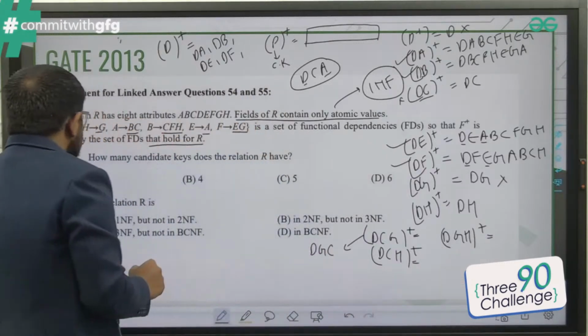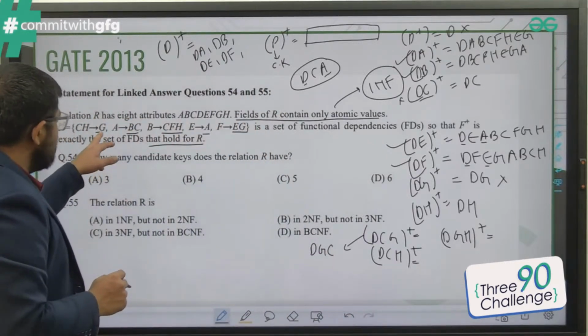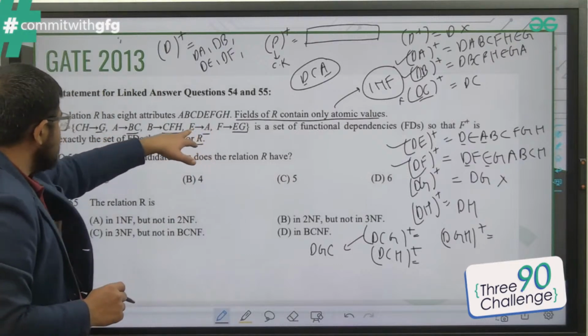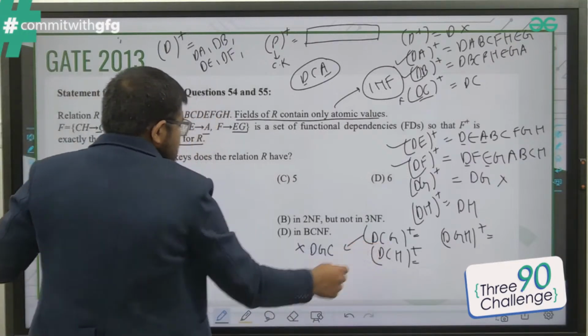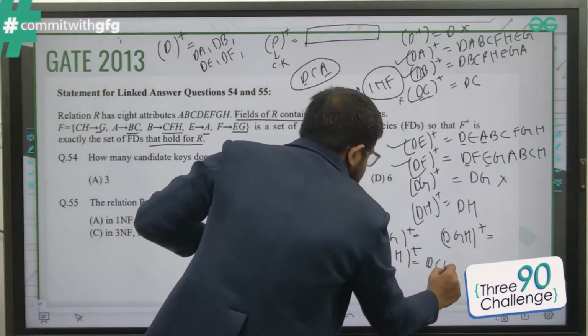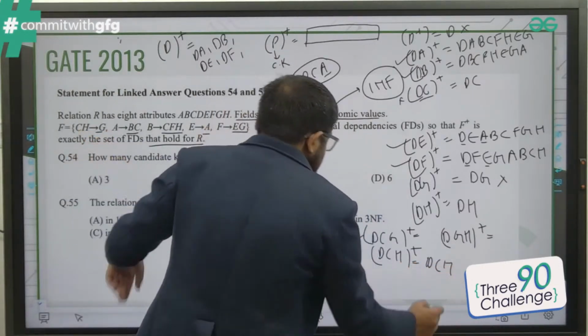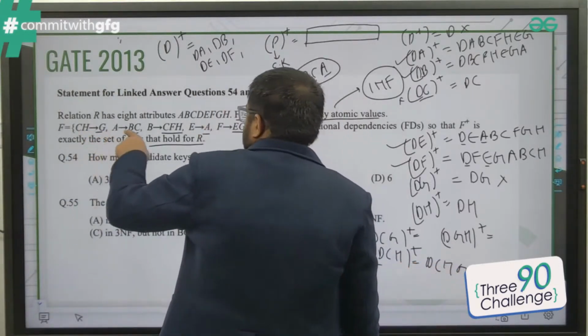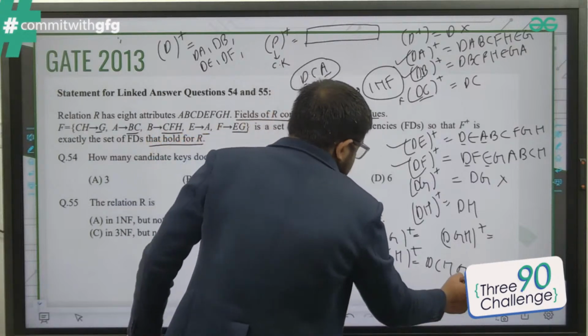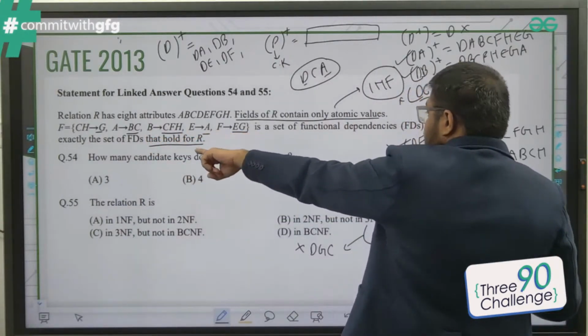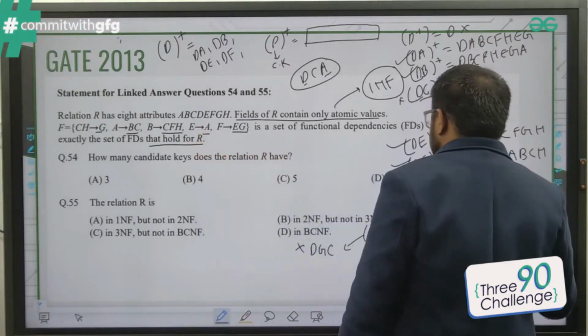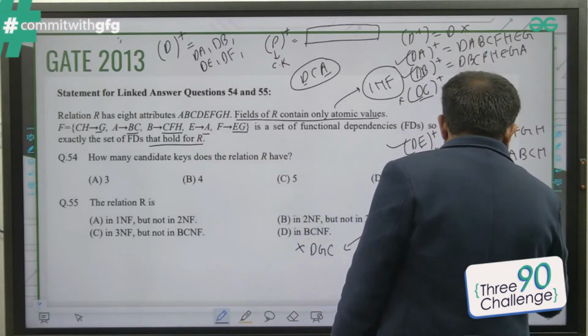Then other than that, from DCG I cannot get anything. Okay. So this is not a key. DCH will give me DCH. Then from CH, I can get G. Then from there, I can get nothing. So I will stop here. And DGH will give me D, G and H only, nothing else. So I will stop here.